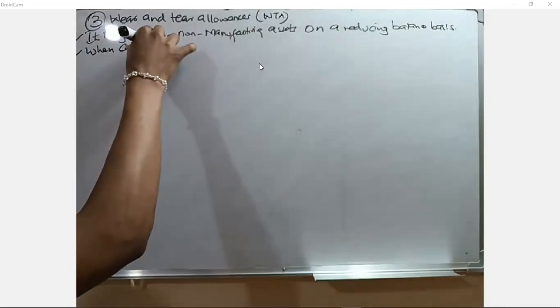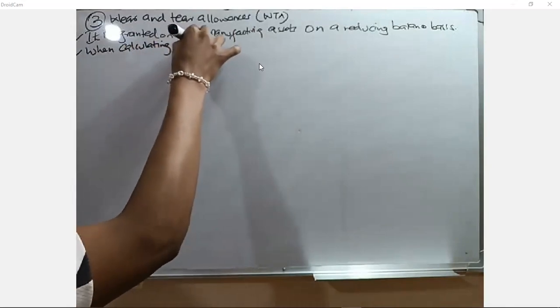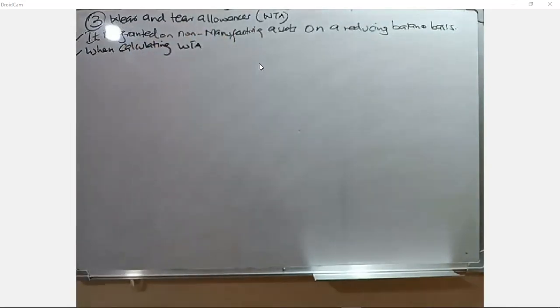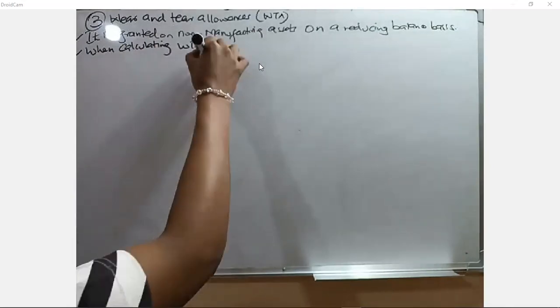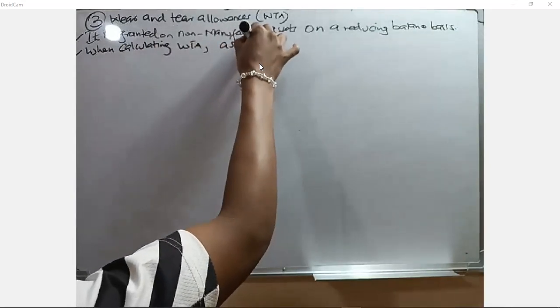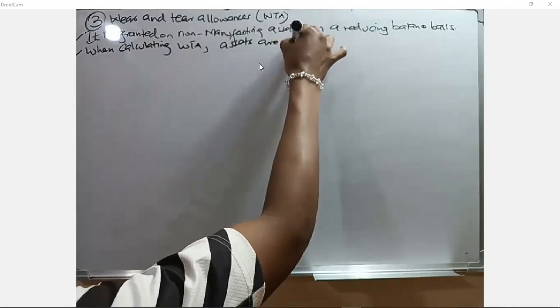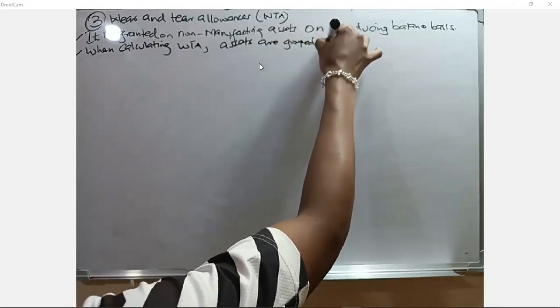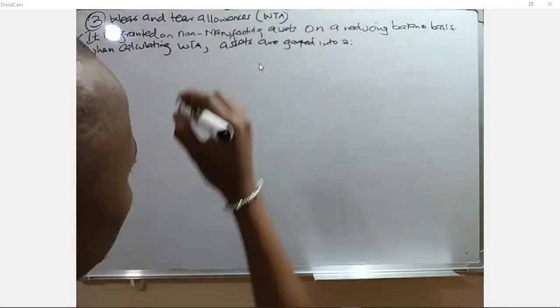When calculating wear and tear allowances, assets are grouped into two.